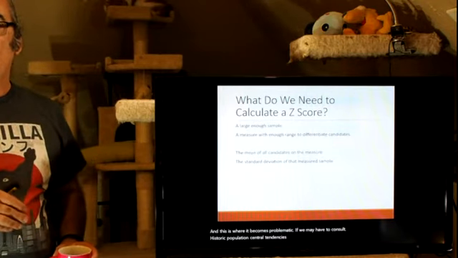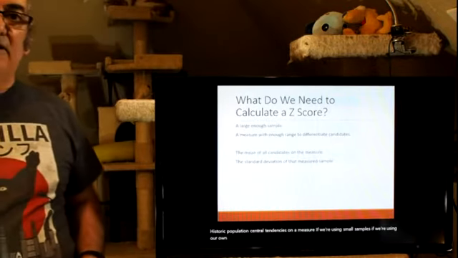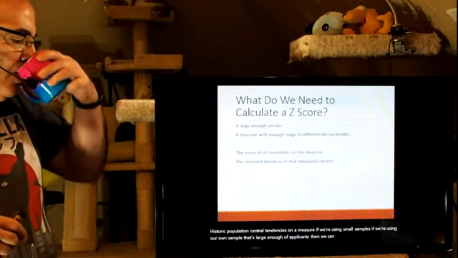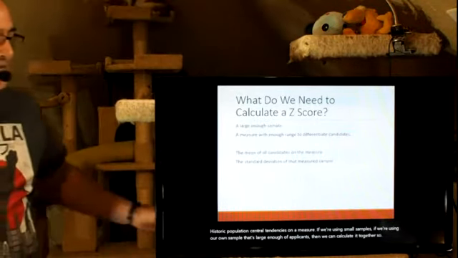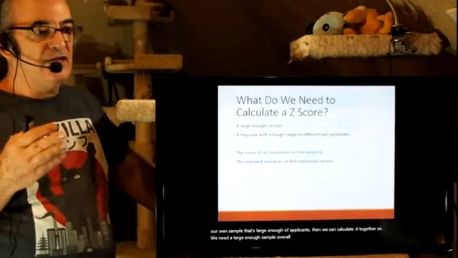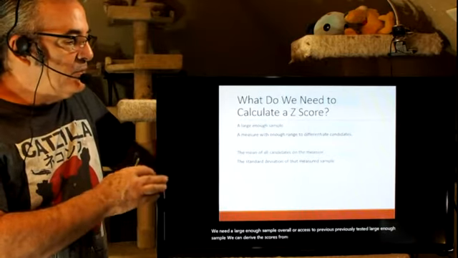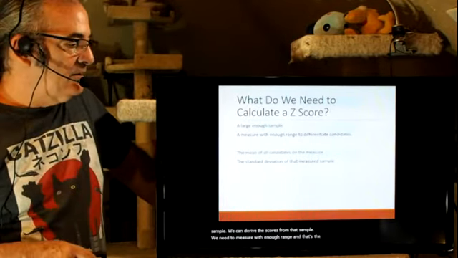If we're using our own sample of applicants that's large enough, then we can calculate it together. So we need a large enough sample overall, or access to a previously tested large enough sample from which we can derive z-scores. We also need a measure with enough range, that's the dispersion, to differentiate candidates.